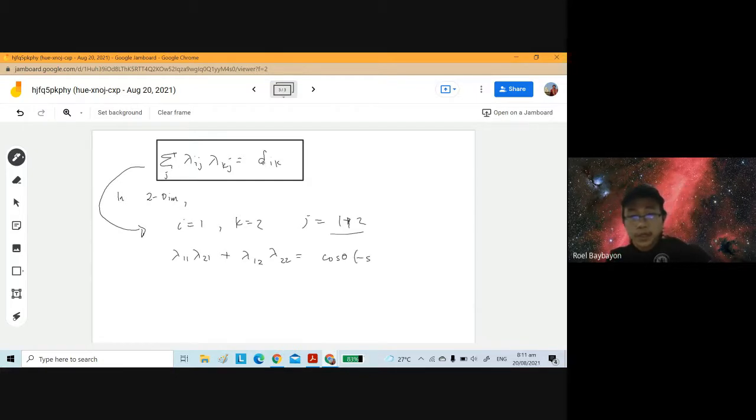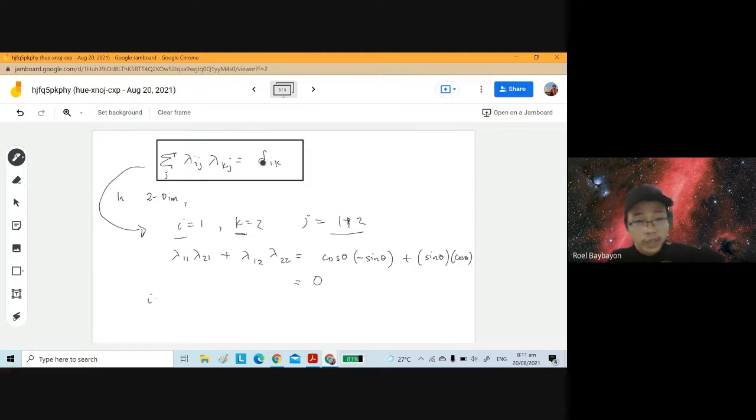Plus lambda 1 2, it's sine of theta. Plus lambda 2 2, it's cosine of theta. So as you notice, if you add this, it is equal to 0 because i is not equal to k. By the definition of the Kronecker delta symbol, Kronecker delta ik, when i is not equal to k, this summation must be equal to 0.